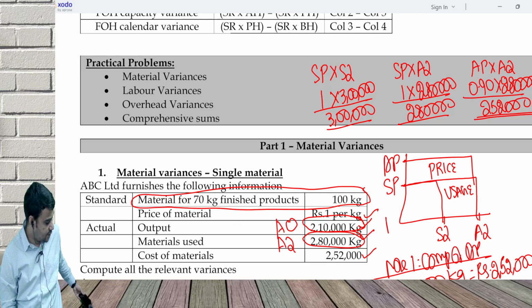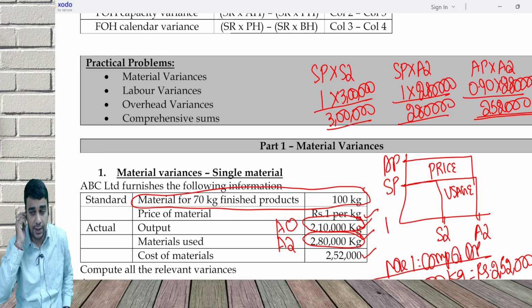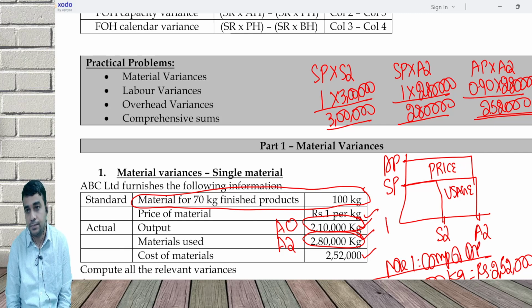Material cost variance, material price variance, and usage variance should be straightforward, simple computation. If you have doubts, let me know. 3 lakh, 280, and 252 are the three columns.